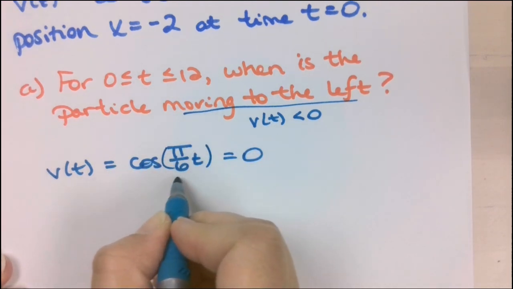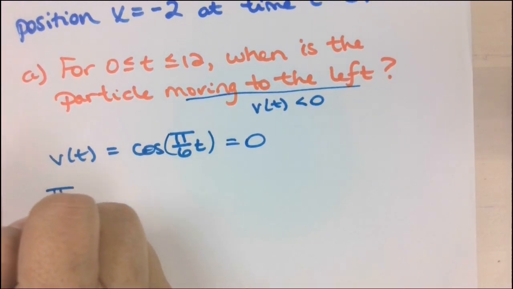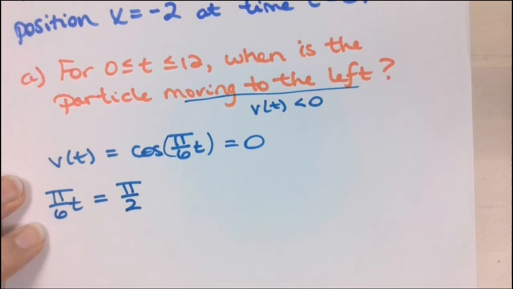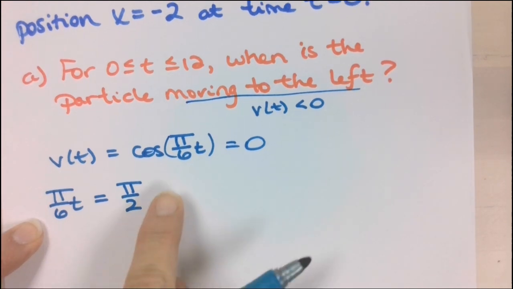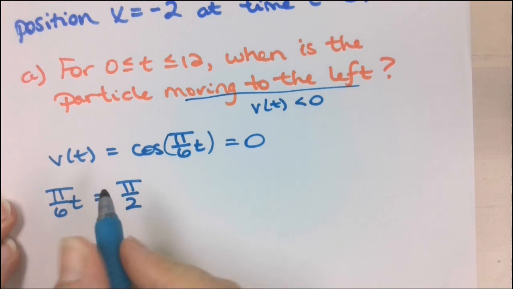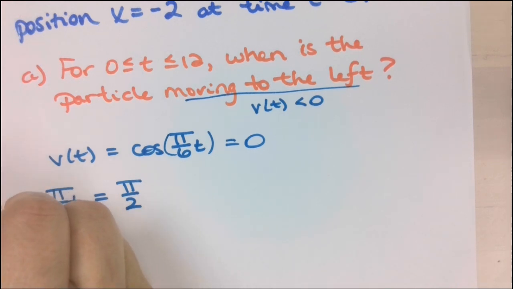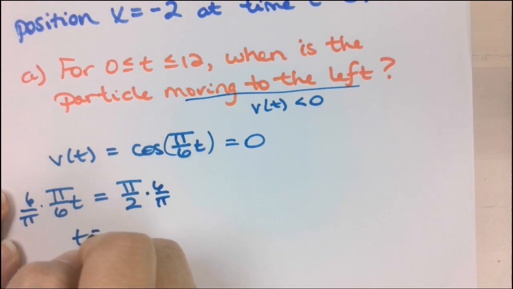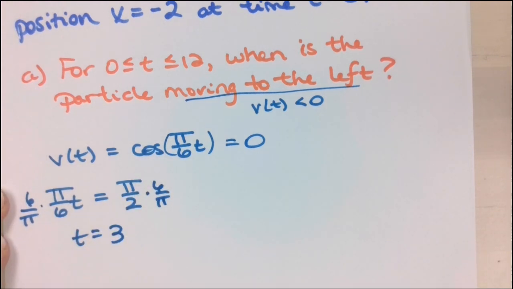So this whole expression, pi over 6t, is our angle. So if pi over 6t is equal to pi over 2, that's going to make our velocity be equal to 0. And so if I multiply both sides by 6 over pi, then I get t is equal to 3.